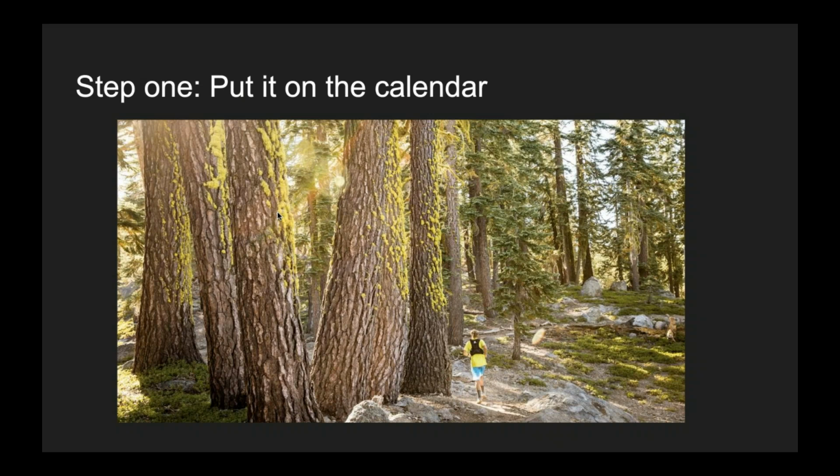So for your first race, I say step 1, put it on the calendar, but right now a lot of races are canceled, like most events are. I guess that's why we're here at PancakesCon. But still, I do recommend, even if you can't do an official race, just say on this date, I am going to run 5 miles.